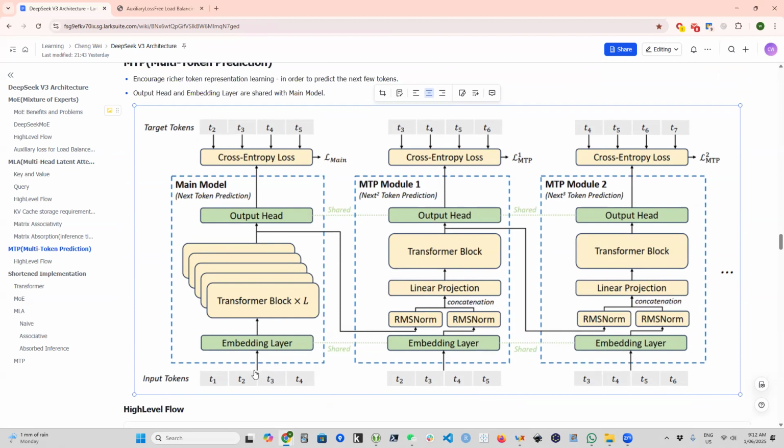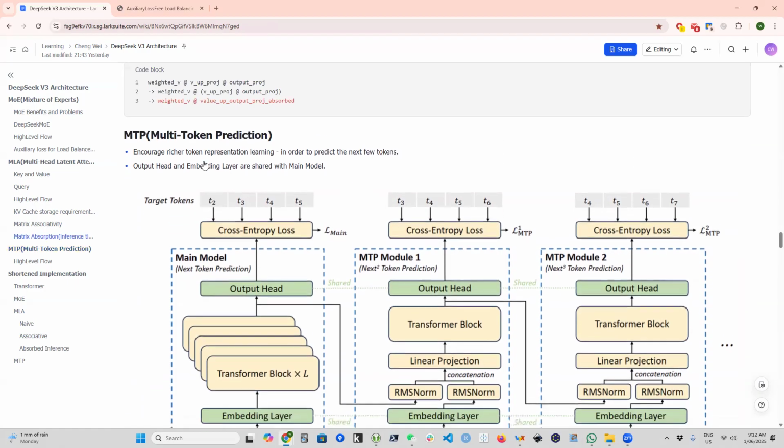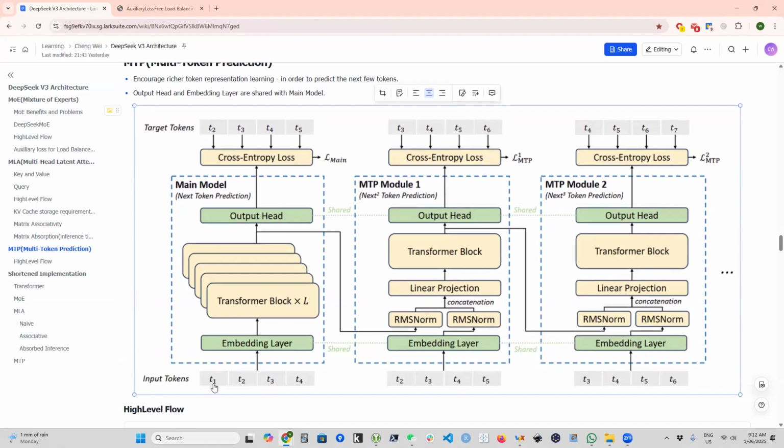Here, multi-token prediction is trying to input a single token and predict the next token, and also the ones after. So T1 tries to predict T2, and also T3, and also T4. If we set multi-token prediction to next 3, it will predict T2, T3, T4, right? Because it's trying to predict more into the future.